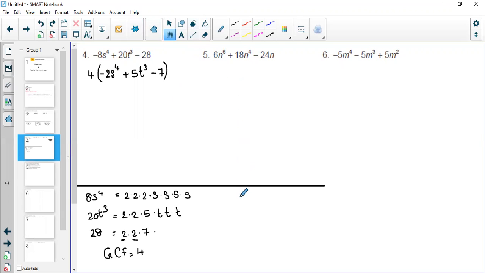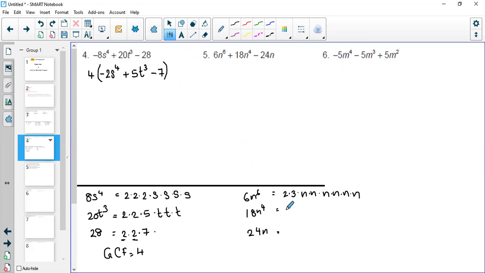Now again, the GCF for 6n to the power of 6, 18n to the power of 4, and 24n. So 6 is going to be 2 multiplied by 3 and then n 6 times.